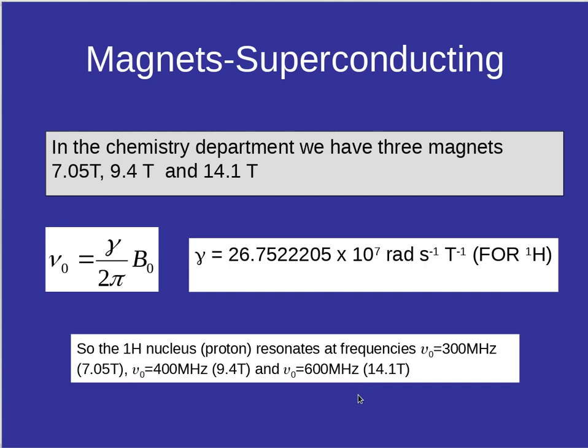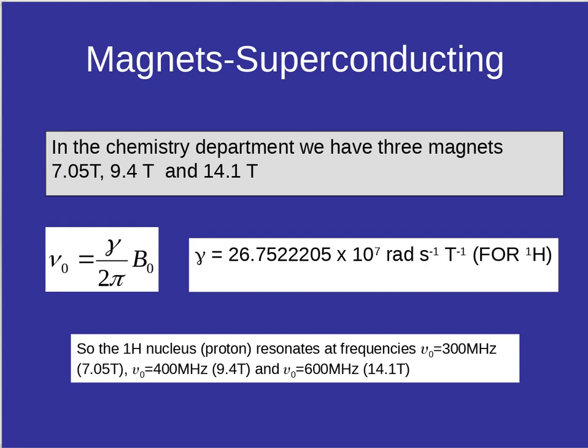What that means is that they have the correct field strength to make a proton resonate at those particular frequencies. Of course, if you've got carbon-13 and you place it in any of those instruments, carbon-13 is not going to resonate at those frequencies. Carbon-13 will resonate at very different frequencies to that. Okay.